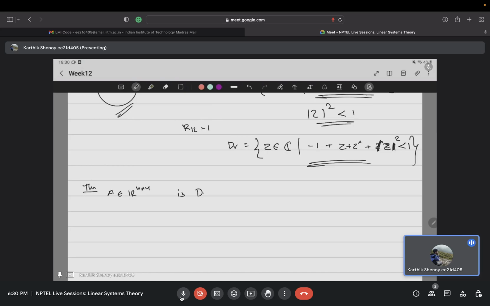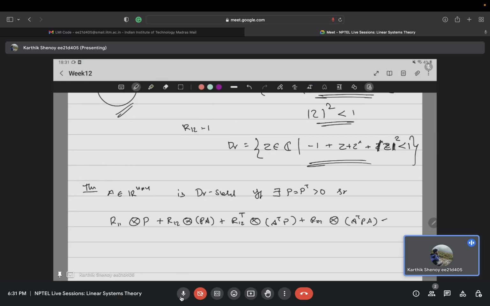It is D_R stable if and only if there exists a positive definite matrix P such that R11 Kronecker P plus R12 Kronecker PA plus R12 transpose Kronecker A transpose P plus R22 Kronecker A transpose PA is less than 0. Now, this is a linear matrix inequality because all of them have linear terms in P.